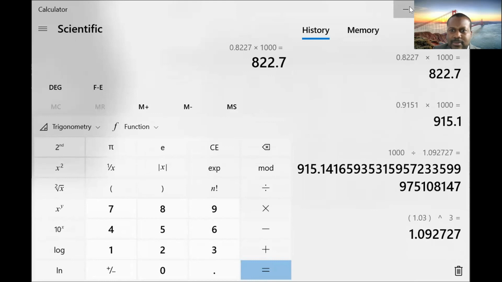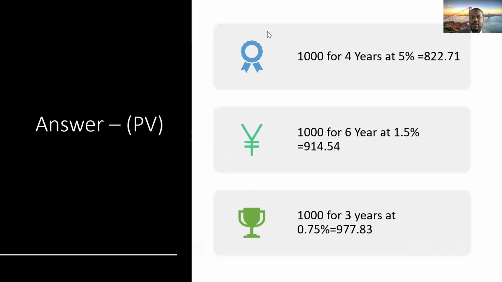So we can double check it. Let's double check that. It's 822.71. So we know we are correct. So if we use the table, we're getting a similar answer anyway. Let's just do a new share screen. So yeah, we're getting a similar answer of 822.71.